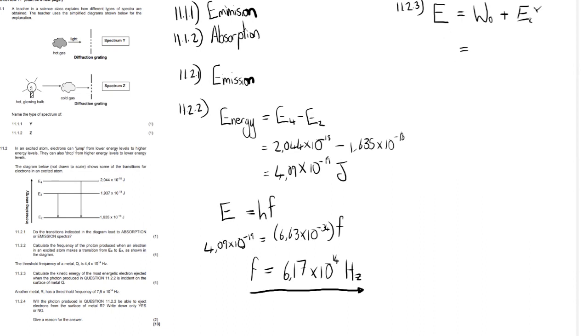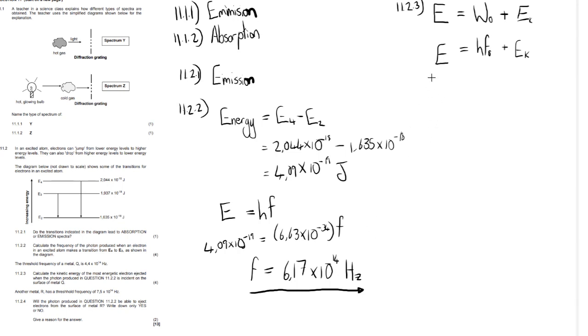They're asking for the max kinetic energy, and the work function of the metal is simply Planck's constant multiplied by the threshold frequency. All right.